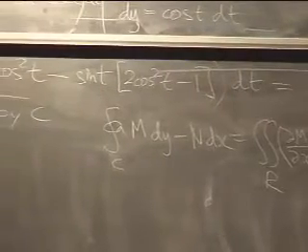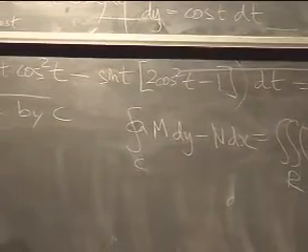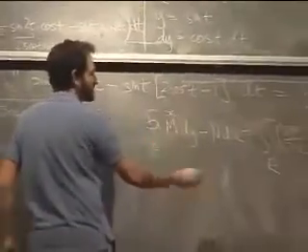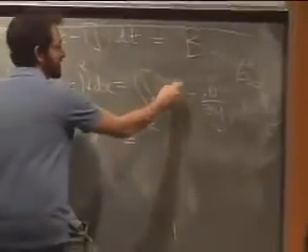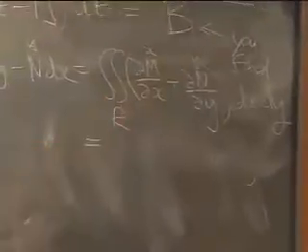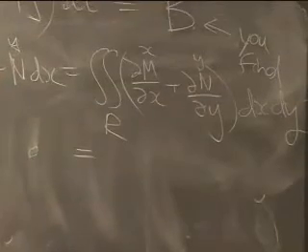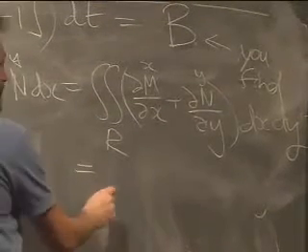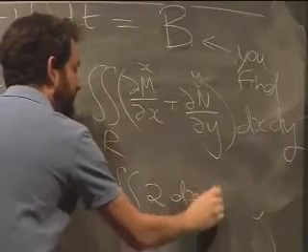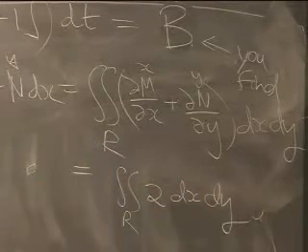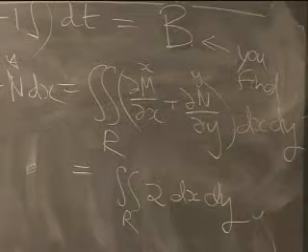You see we have something dy minus something dx. All I have to do is replace M by x and N by y. Then on the right-hand side, M is x, so you get dx/dx, which is 1, plus dy/dy, which is 1. So you get 2 dx dy. That was convenient.